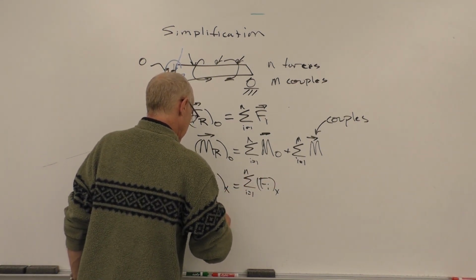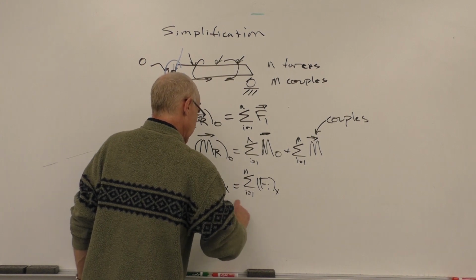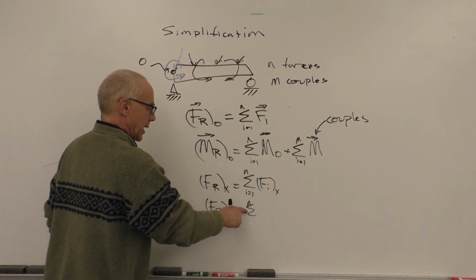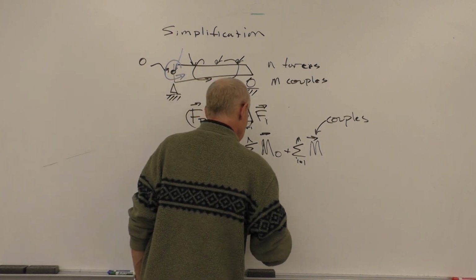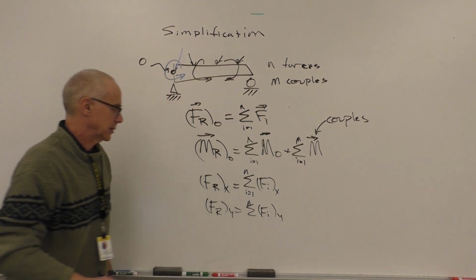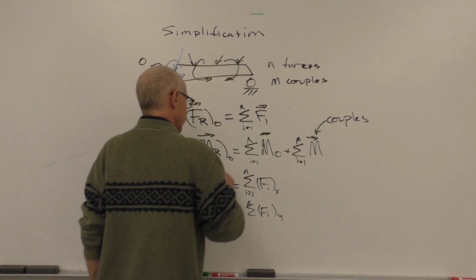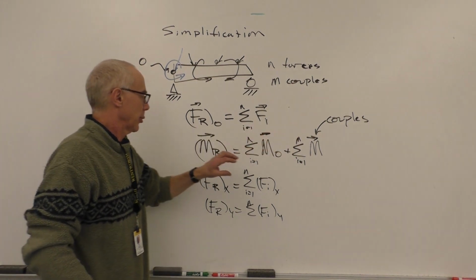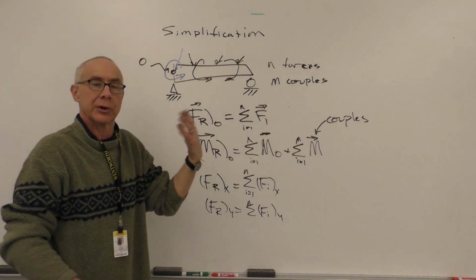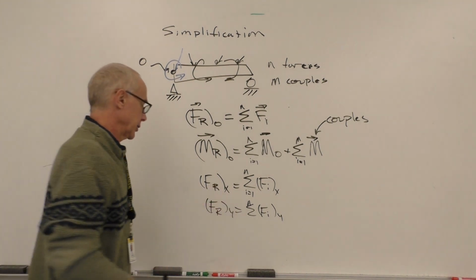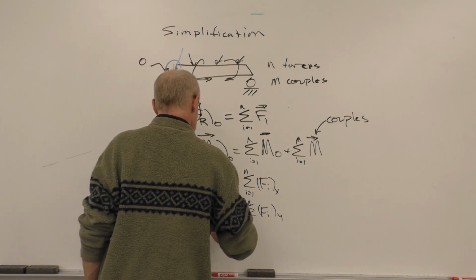So you can write FRy equals the sum, same thing, over a summation of N, of F_iy component. And then lastly, we can write the same equation here for the moment, but without the vectors. We're just going to write magnitudes, because we know all the vectors are either into the page or out of the page. We know the direction, essentially.